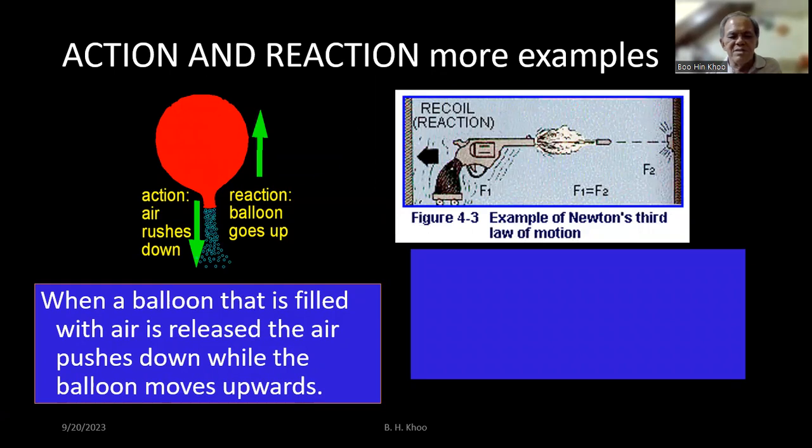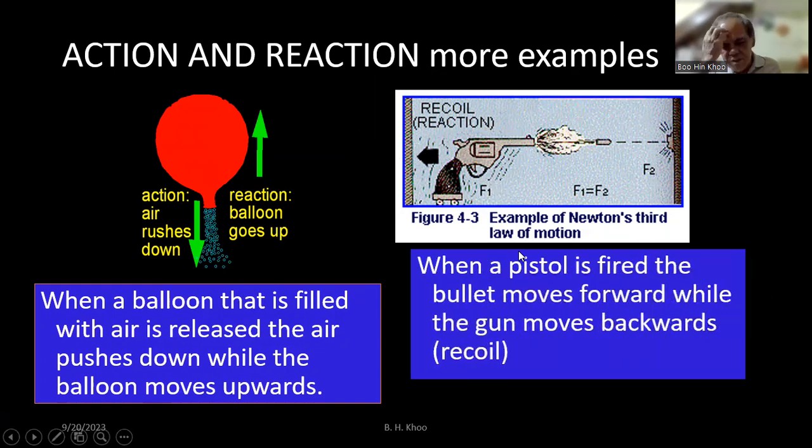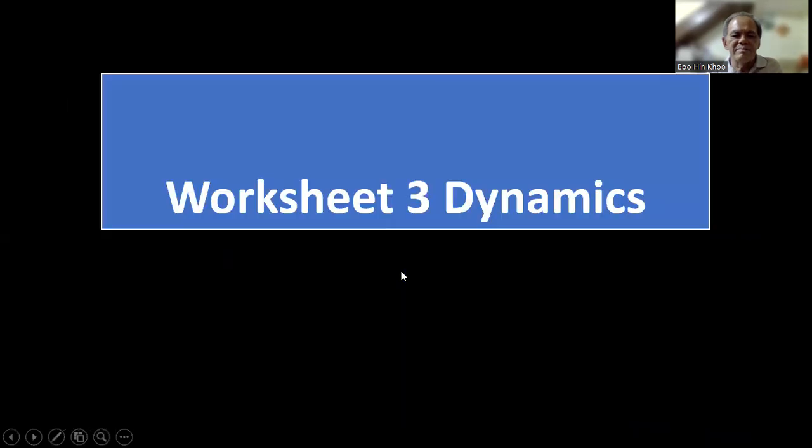Example of Newton's third law, firing a pistol. Bullet moves forward, gun moves backwards. When the pistol is fired, the bullet moves forward, while the pistol moves backwards. We call it recoil.